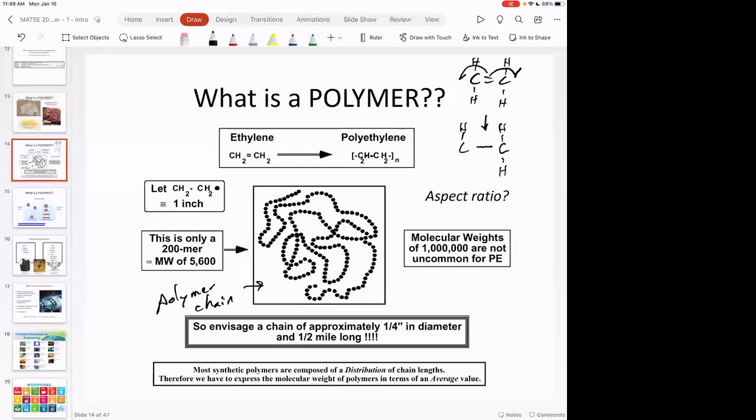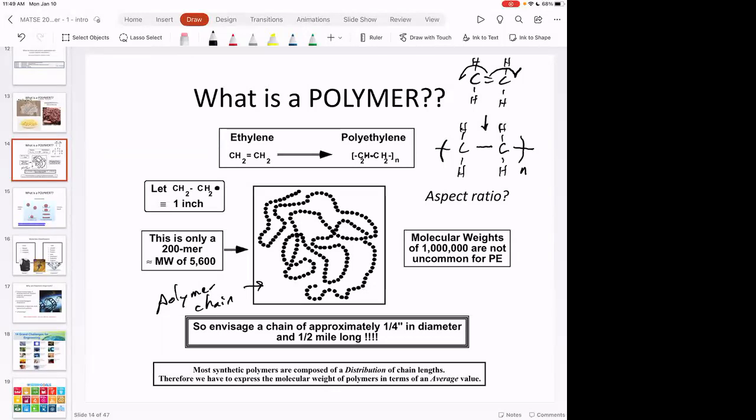Then we need to figure out where those electrons went. We don't write them as dots. We write them as a single line with a parenthesis through it, which means 1 electron, and then we put the n there for repeating. So we go from ethylene molecule to polyethylene polymer.